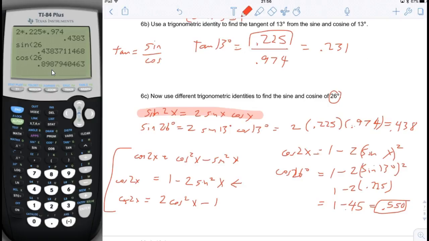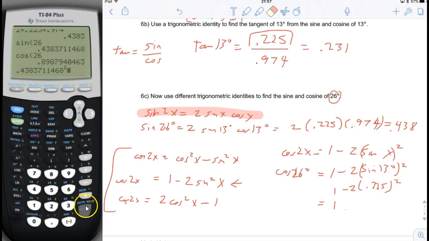This should be squared. This should be squared. Sorry about that. Isn't it a good thing to check your answers? Did you guys already see that I was going wrong there, or did you just miss that like I did? I did the wrong thing. It's 0.225 squared.